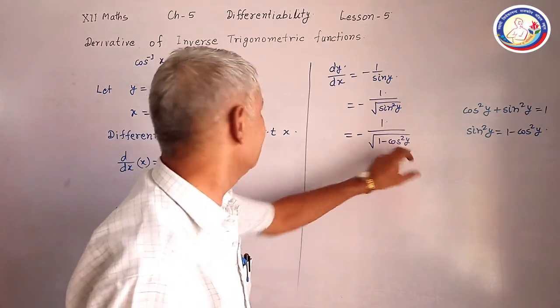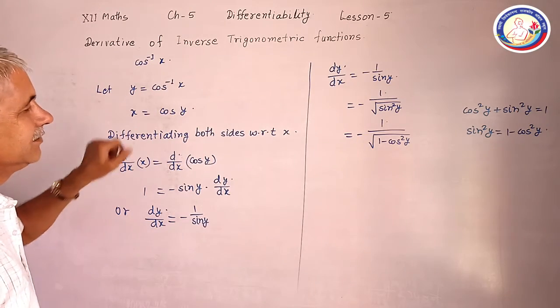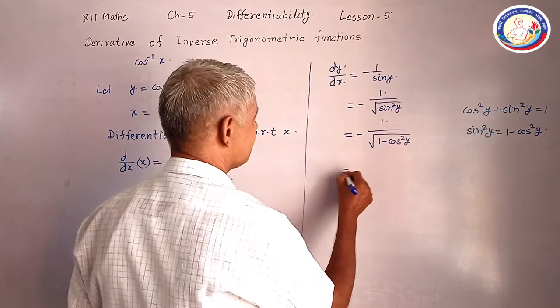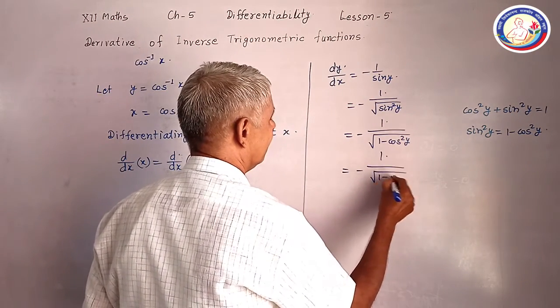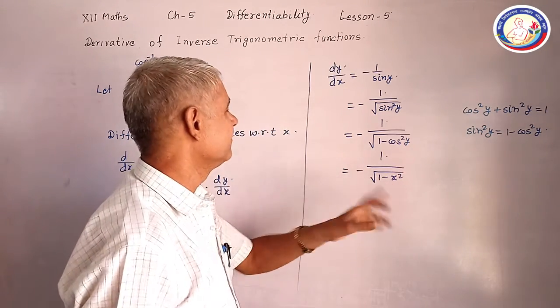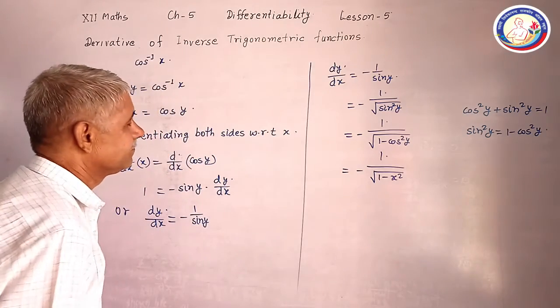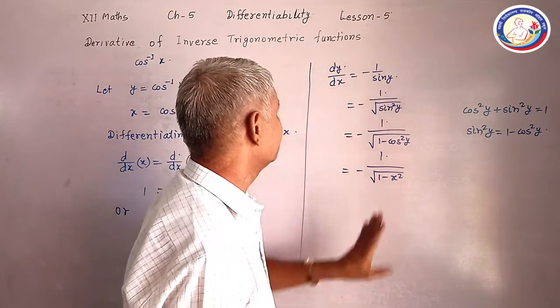Now what is cos square y? We can find it from here. Cos y is x, so cos square y will be x square, and this gives 1 upon square root of 1 minus x square. And this is the derivative of y with respect to x.